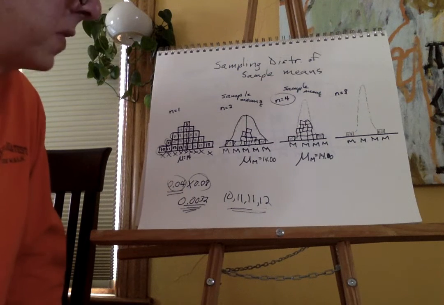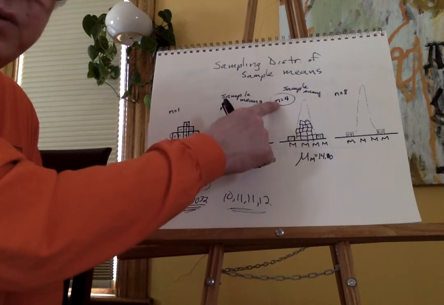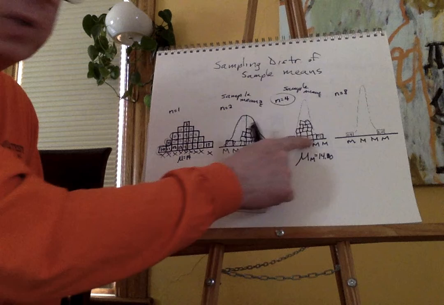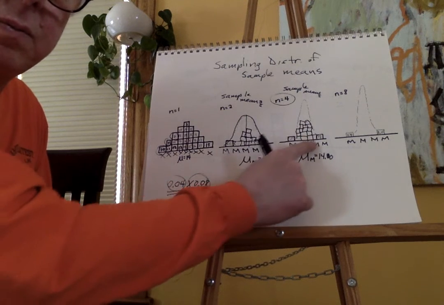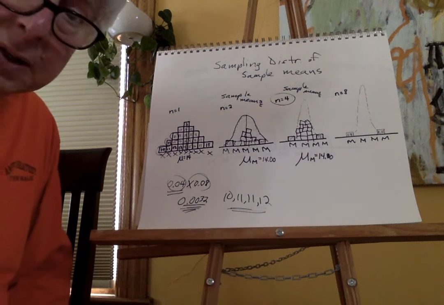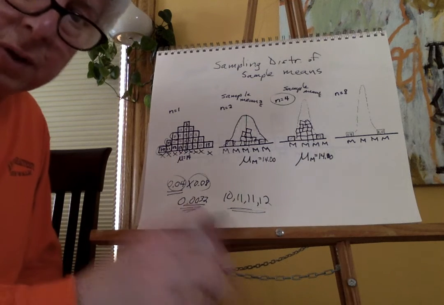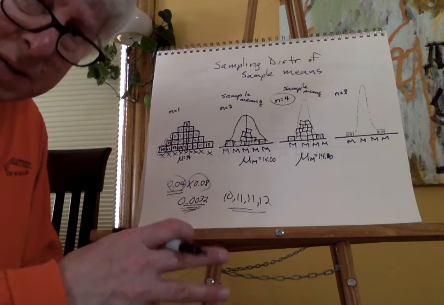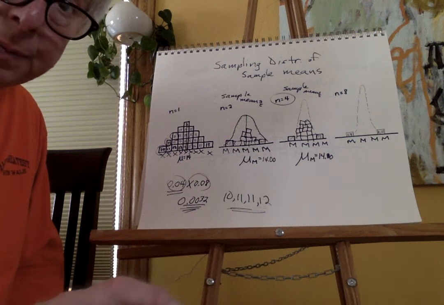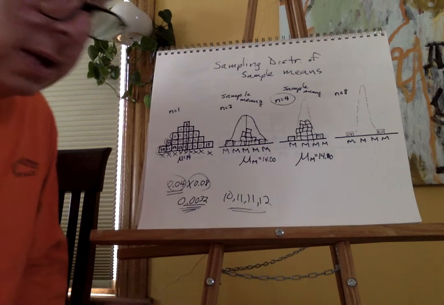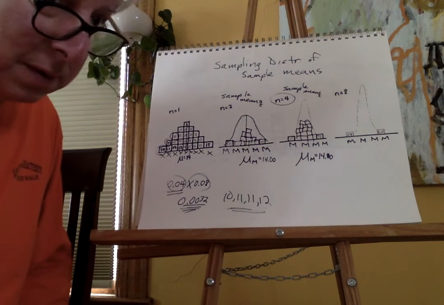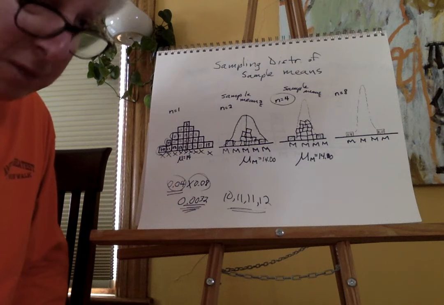If we took out samples of 4, and we start plotting the sample means, sample of 4, sample of 4, sample of 4, getting all those means and plotting those numbers, they're not all going to be 14. I should point that out.